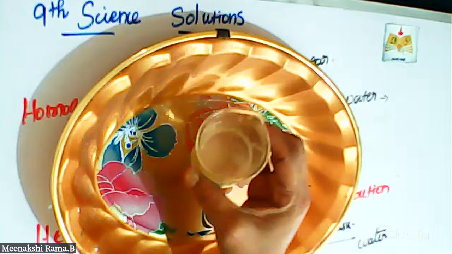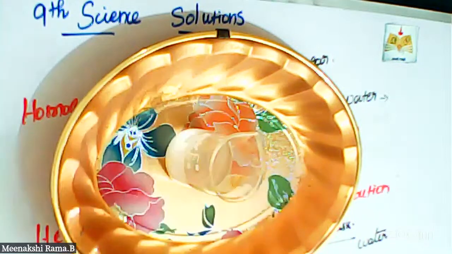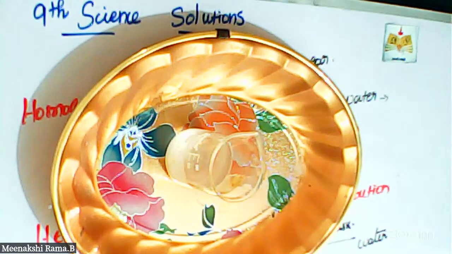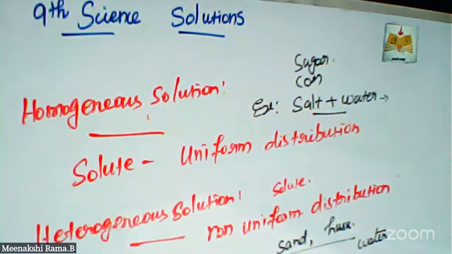So this is the ternary solution example. Okay. So what are the two concepts? Homogeneous solution and then heterogeneous solution and then binary solution and then ternary solution. Clear? So these are all the different kinds. Okay. So what is binary and ternary?